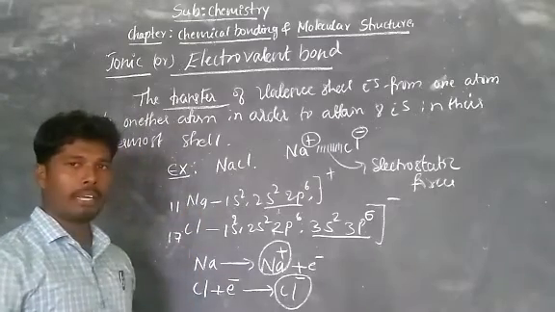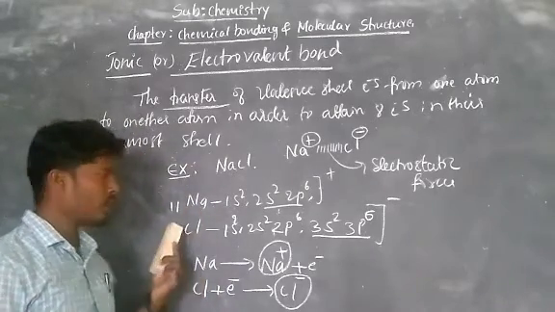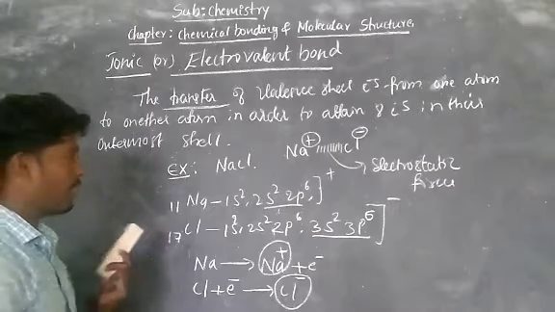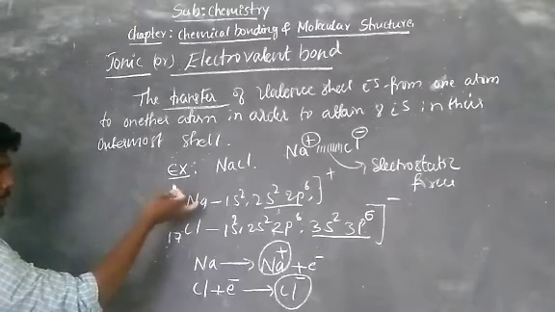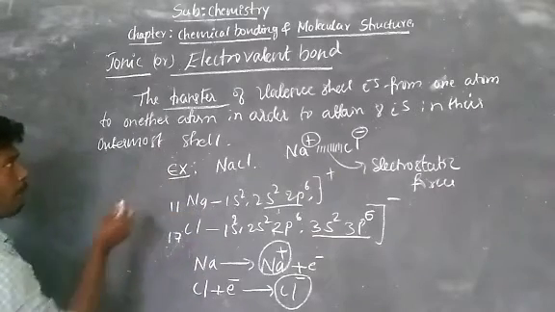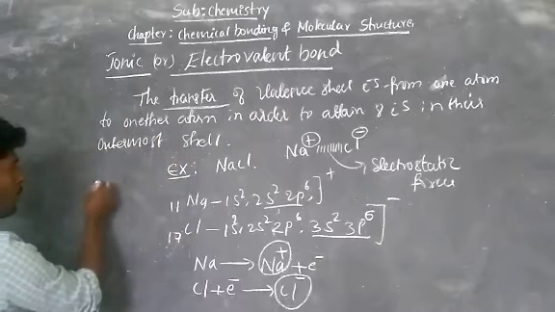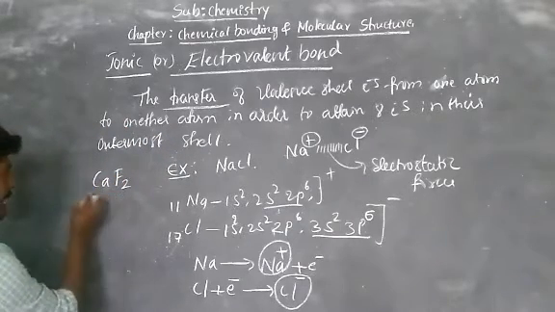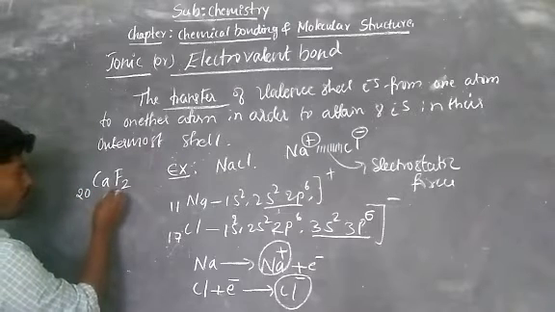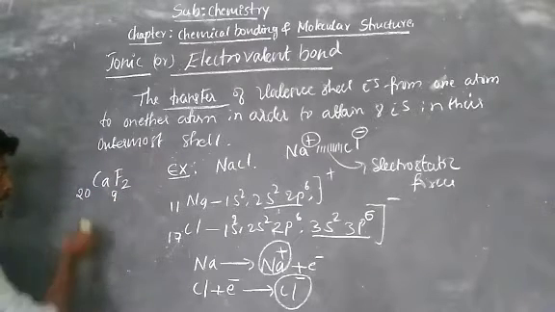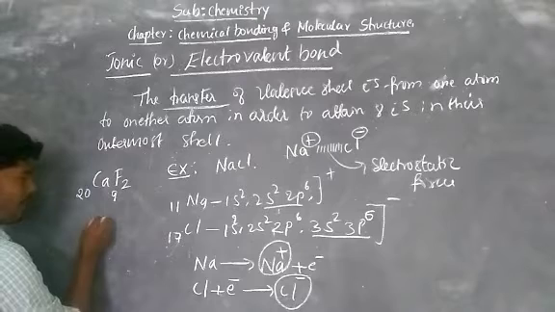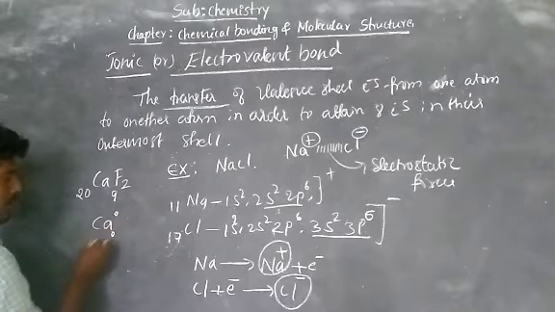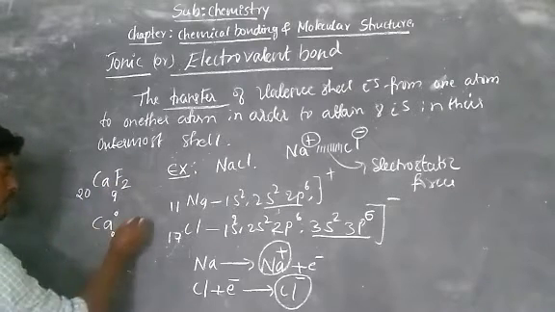This is the electrovalent bond or ionic bond definition and example. Similarly, you can observe the electrovalent bond or ionic bond in calcium fluoride also. Here the calcium atomic number is 20 and the fluorine atomic number is 9, right? In calcium, the outermost shell has 2 electrons, and fluorine has 7 electrons in its outermost shell.